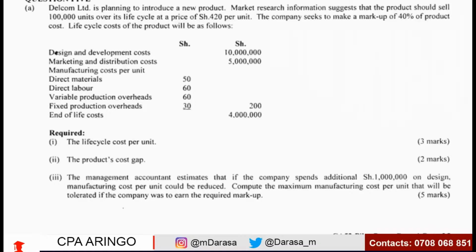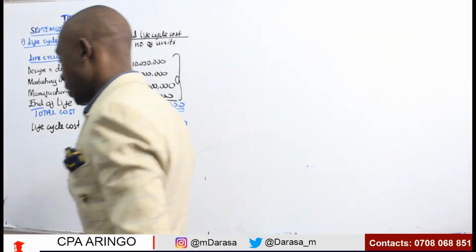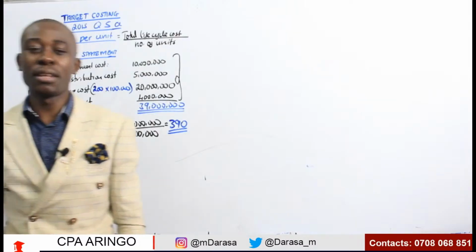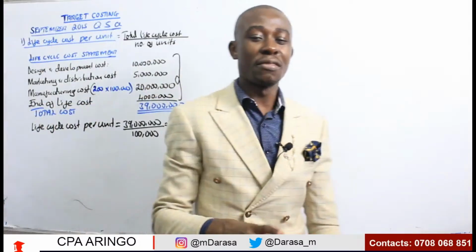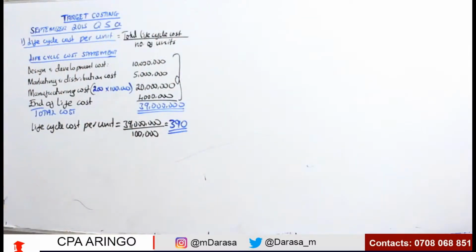Here, where we are told market research information suggests that the product should sell 100,000 units over its life cycle at a price of 420 per unit. So that is where we get 200 and 100,000. We have determined the life cycle cost per unit to be 390 shillings.